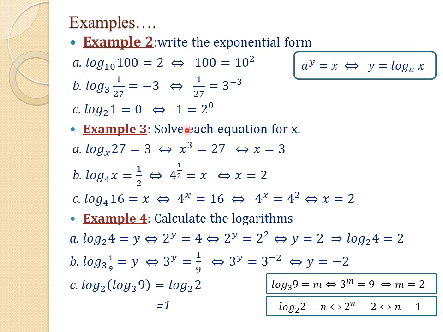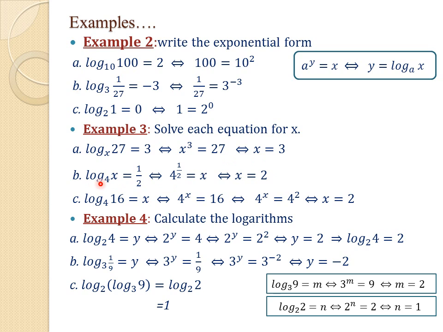In example 3, we want to solve each equation for x. It is not just writing something. This is solving, meaning that we need to find the missing value. So now, logarithm 27 to the base x equal 3. I can't solve it unless I transfer it using the fundamental identity to the exponential form. So now x power 3 equal 27, and then by factoring 27 I will find that this is 3 power 3, so x equal 3.